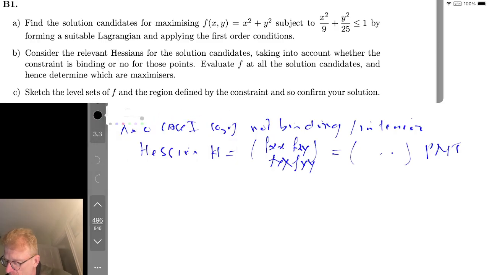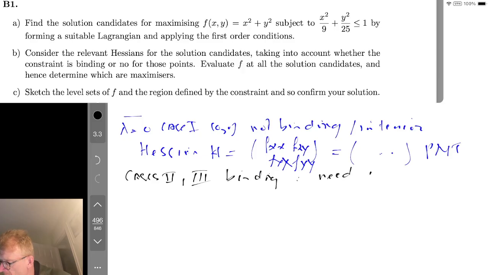So cases 2, 3 are binding. Need the bordered Hessian. So we need to apply the principal minor test for bordered Hessians.